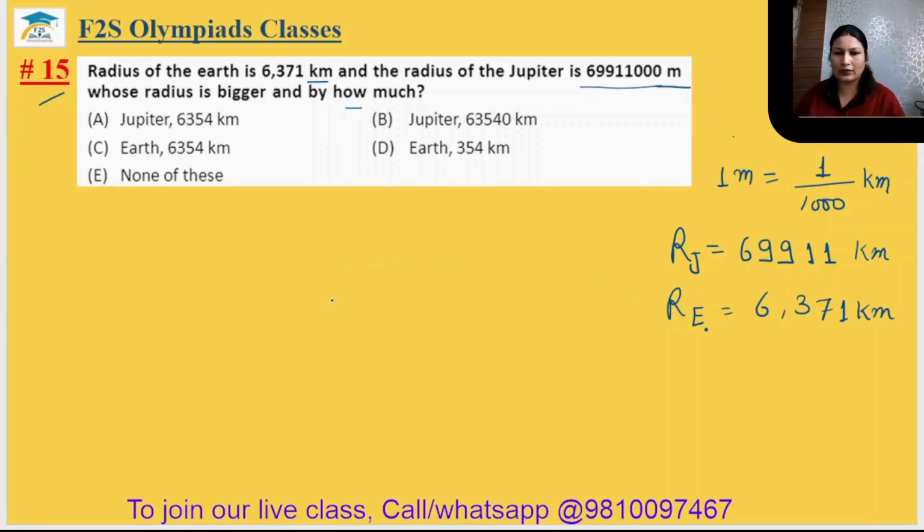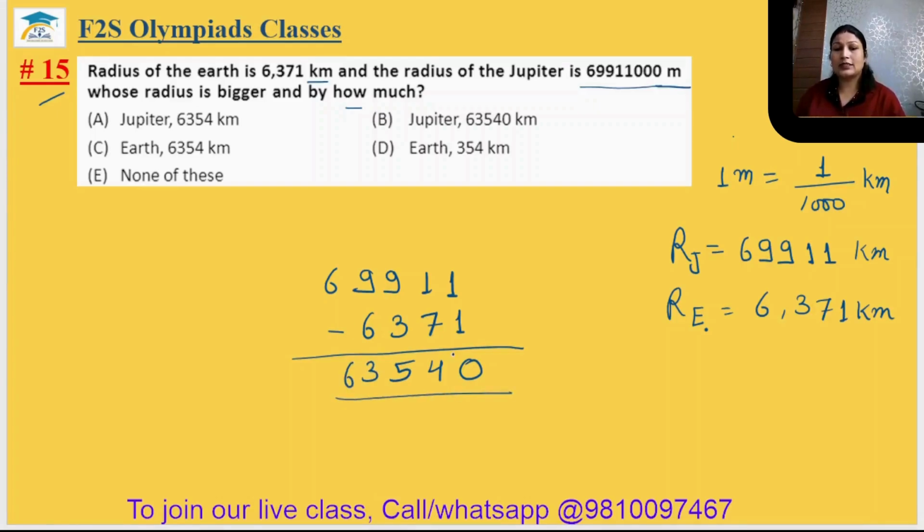So we have to subtract it. 69911 minus 6371. 1 minus 1 is 0, 11 minus 7 is 4, 8 minus 3 is 5, 9 minus 6 is 3, 6. 63,540 kilometer it is. So Jupiter. 15th answer is B.